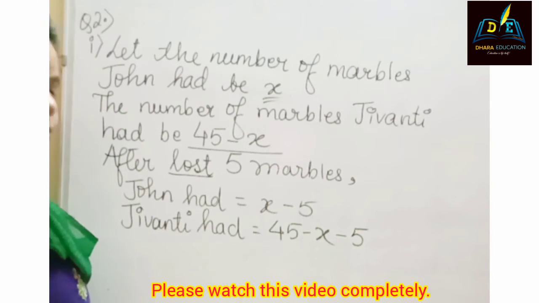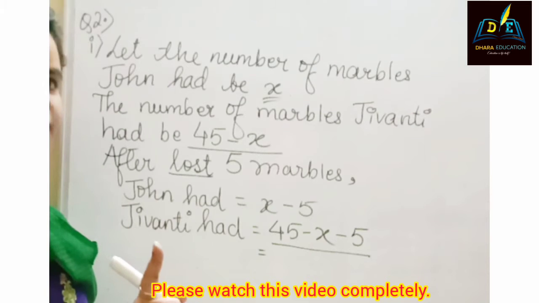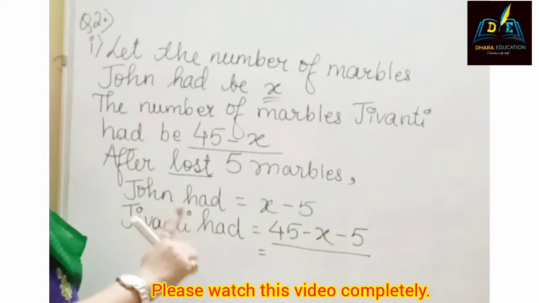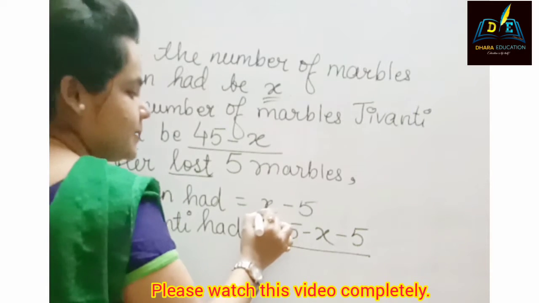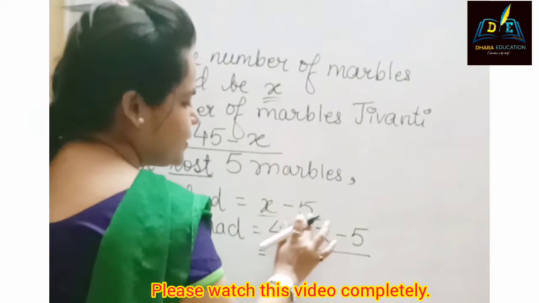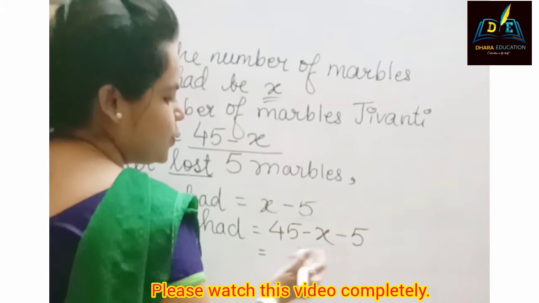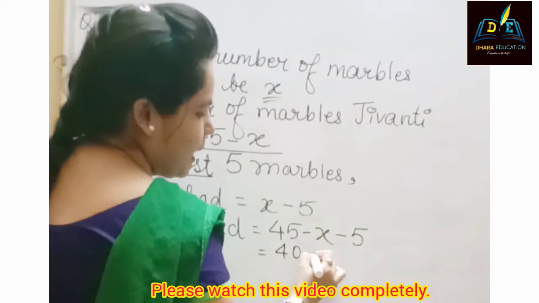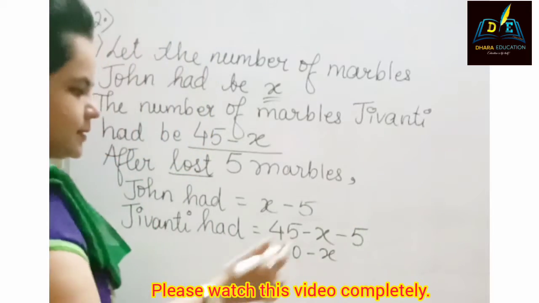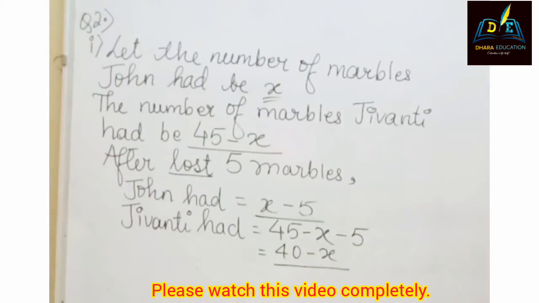So students, here we need to make it only one numeral, and one will be the variable. So 45 minus 5 gives you 40 minus x. That's it. So this we have to keep in mind.